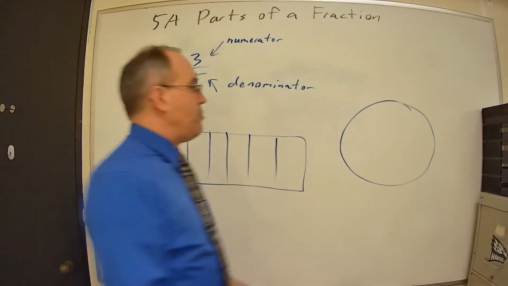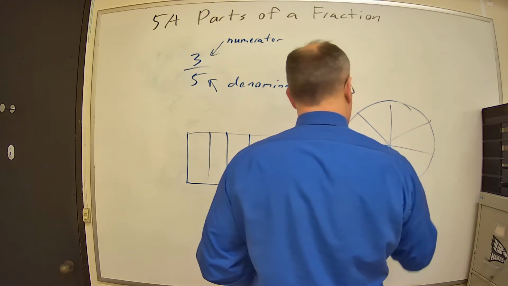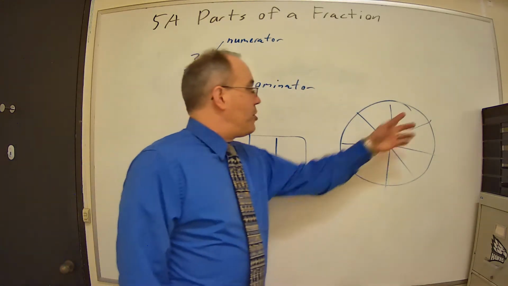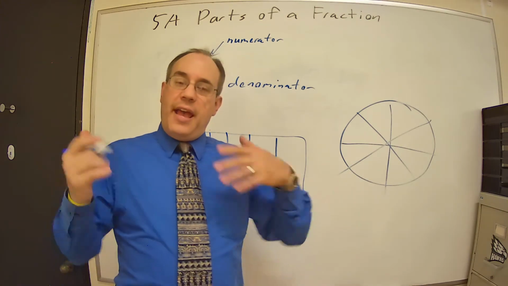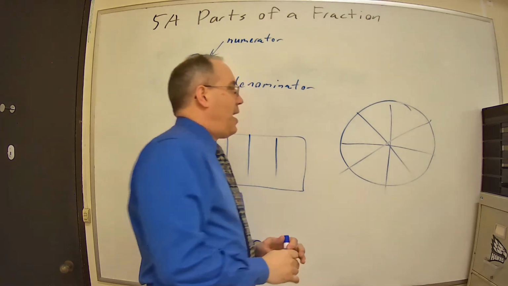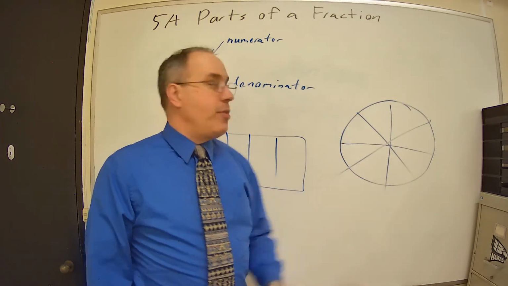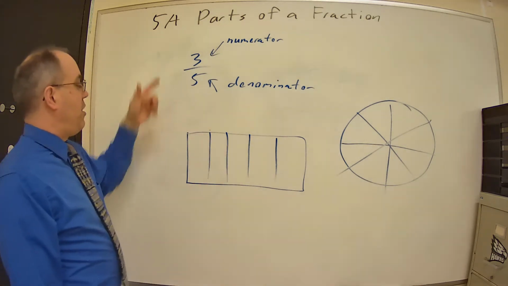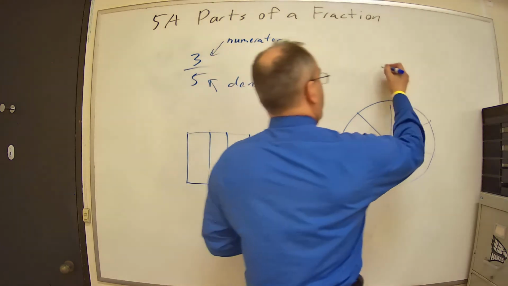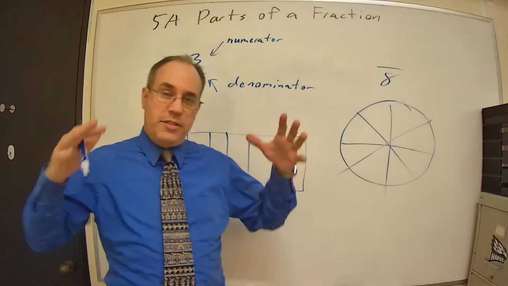I'll cut it into 8 pieces. Assume their cutting's a little better than mine, right? Well, you cut it into 8 pieces, and all that's doing is telling you how many pieces there are in a whole pizza. So with a pizza, we'd have something over 8. The denominator would be 8. There's 8 pieces that make up a whole.